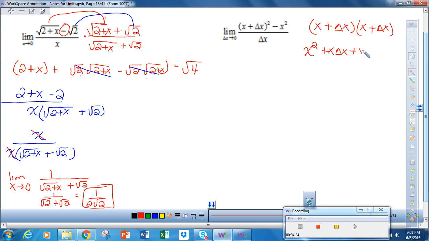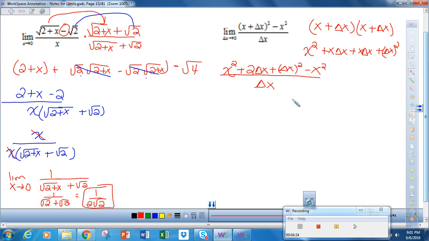That's going to give me x delta x plus delta x squared. Notice that these two we can combine, so we end up with x squared plus 2x delta x plus delta x squared minus x squared over delta x.